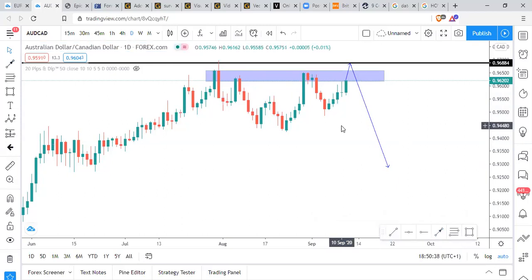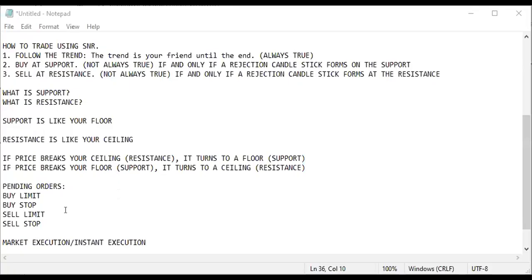Now, what is sell limit? Let me now give you guys the notepad. What is sell limit?